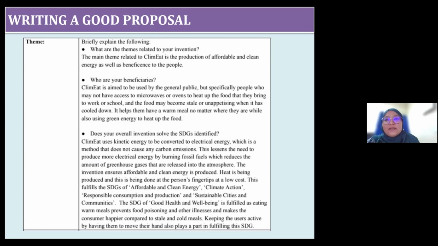Some people may ask which one we should do: whether we identify the SDG first and then identify what kind of problem is available, or identify the problem and then come up with solutions, or identify the problem and then match it to the SDG.